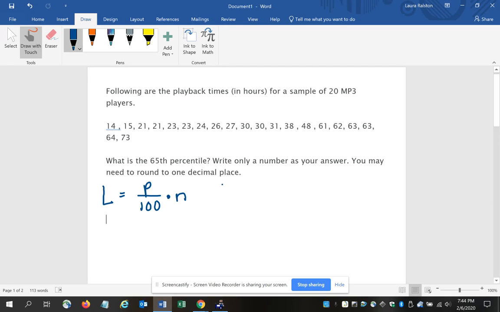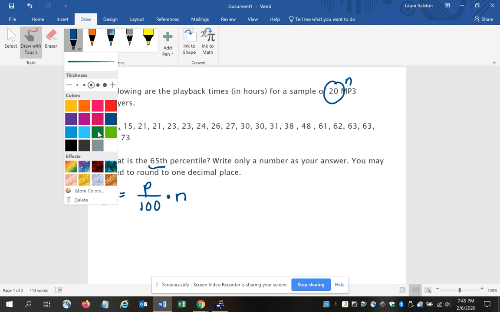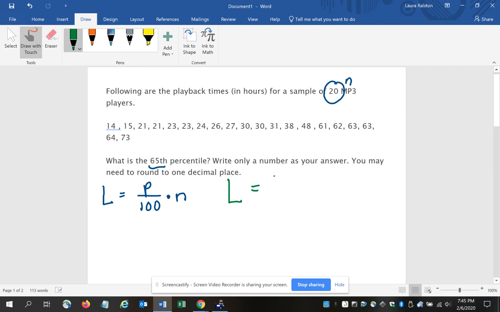So in our case, P, the percentile, is 65, and they told us that we had 20 in our sample. Now, again, the first step is to make sure that your data is in order from lowest to highest. It is. So then I'm going to calculate that locator. So I would have L equals 65 divided by 100 times 20.